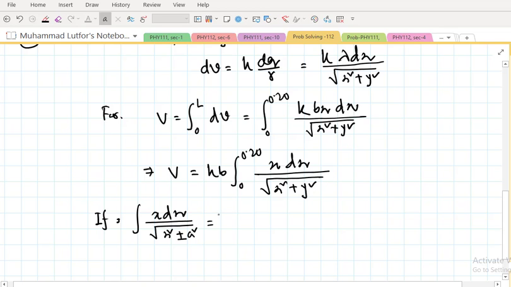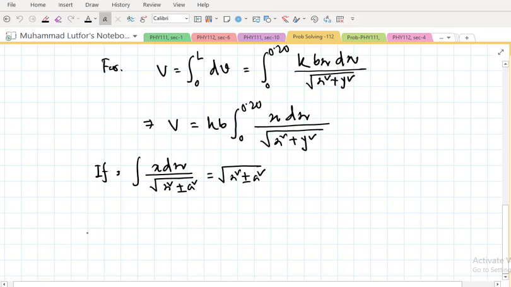If x square plus a square, your answer will be root over x square plus a square. If x square minus a square, your answer will be root over x square minus a square. Using that formula, we can write our solution for the potential.